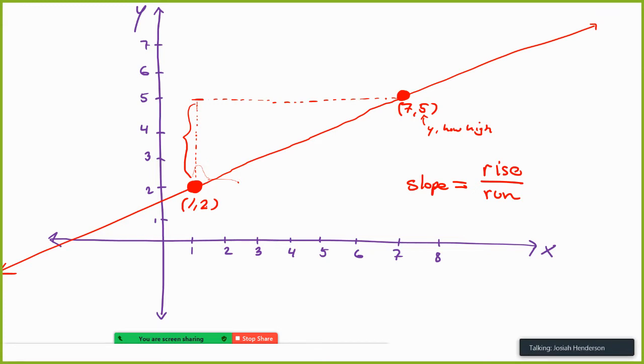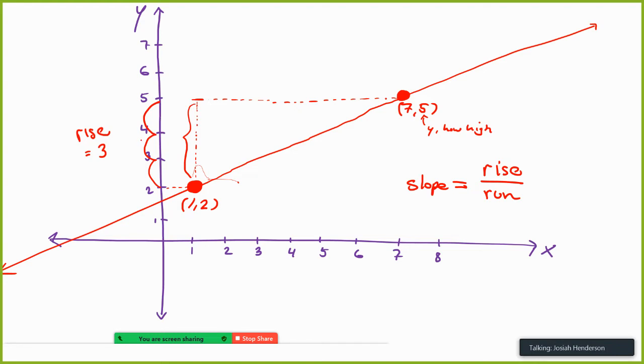It starts at 2, 2 high, right? And it goes up to 5. So how many units? It's 1, 2, 3 units. So my rise is 3. The rise from these 2 points is 3. It goes up 3 squares, 3 boxes, 3 units.